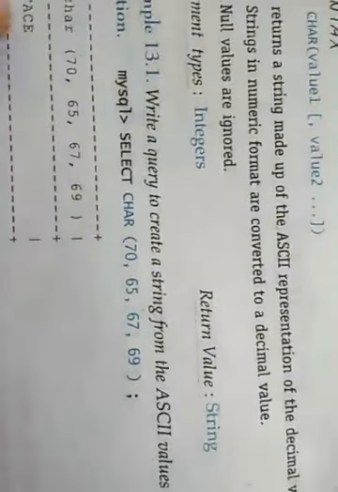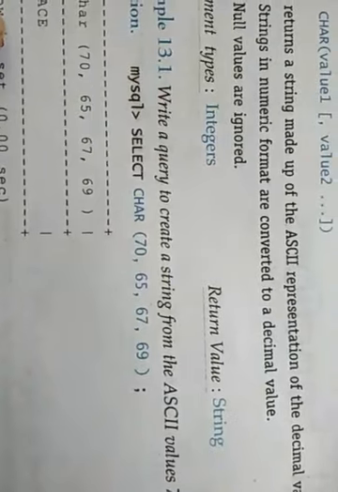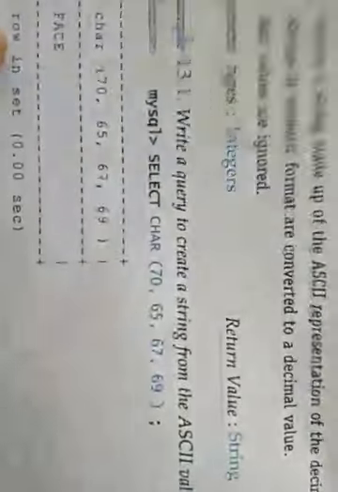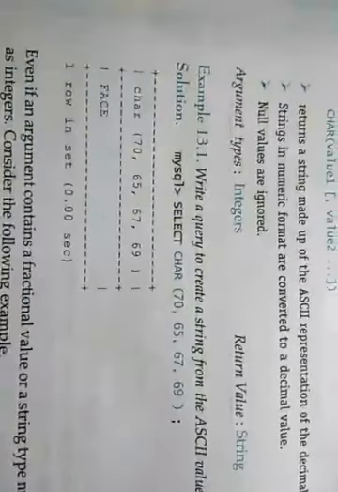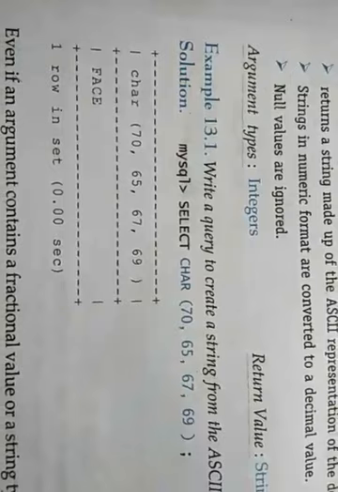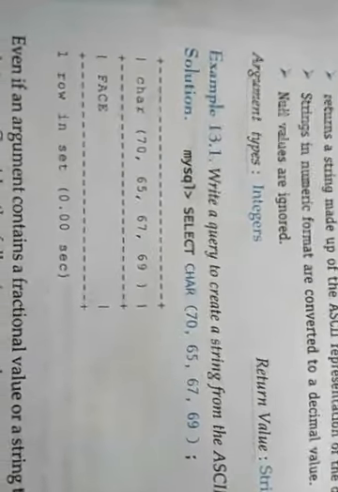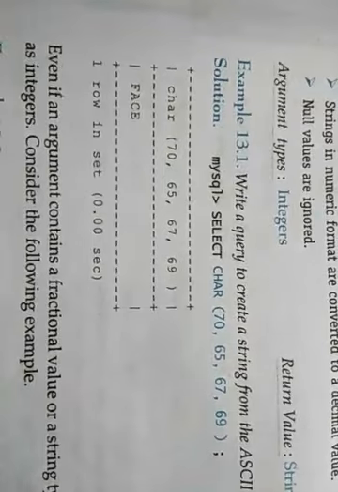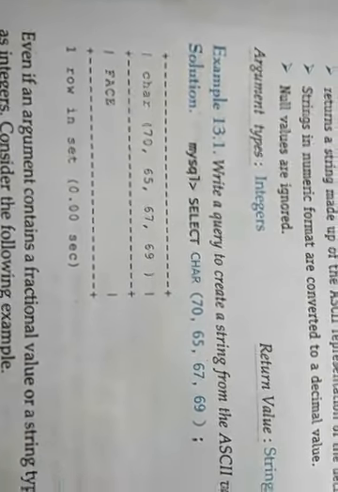Let's take an example. SELECT CHAR(70, 65, 67, 69). The value of 70 is F, the value of 65 is A, 67 is C and 69 is E. These are called ASCII values.